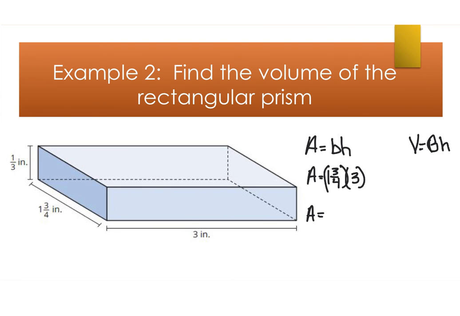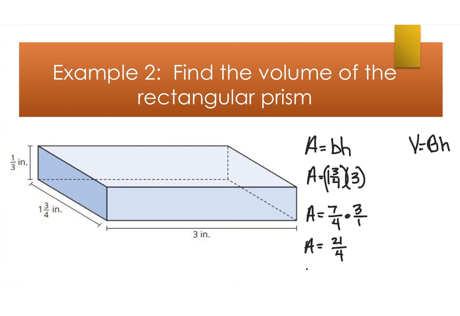So 1 times 4 plus 3 is 7. I put it all back over 4. I also need to change my whole number to a fraction. I will multiply straight across. 21 over 4. We're just going to leave it that way because we're going to use it again.